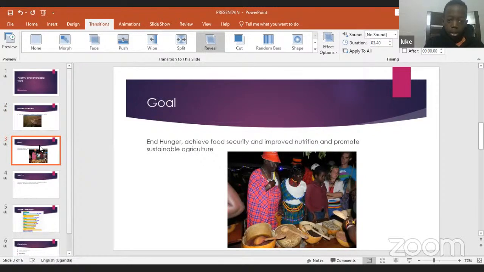My goal is to achieve food security, improve on nutrition, and promote sustainable agriculture. As you can see in this picture, this is a picture in Karamoja of the food crisis where they're giving out food to them.